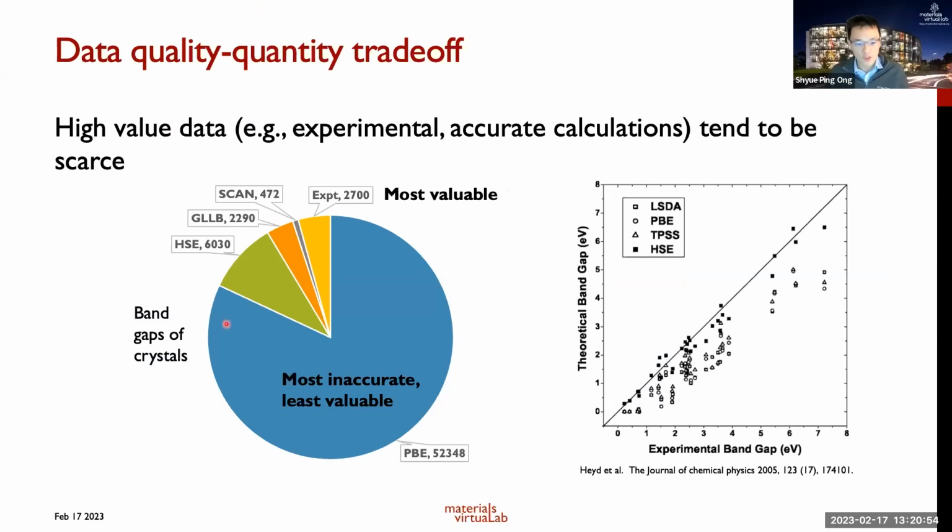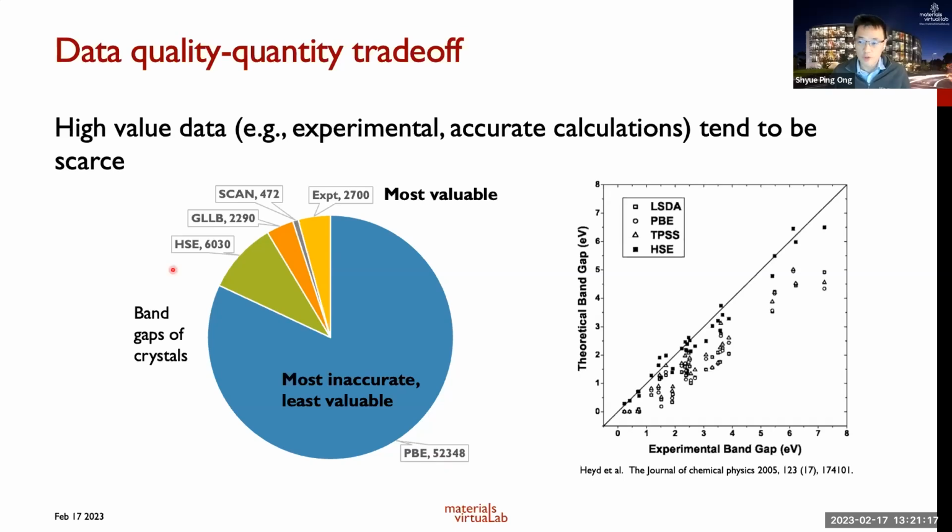So for example, this is a statistic that we found: in terms of PBE band gaps, we can get close to about 50,000 band gaps today just from the Materials Project itself, okay? And this is the most inaccurate band gap in terms of computations. It is also the least valuable, right?